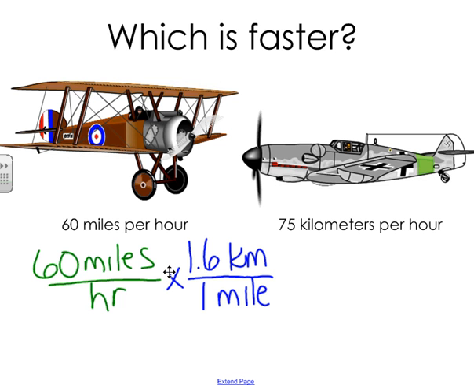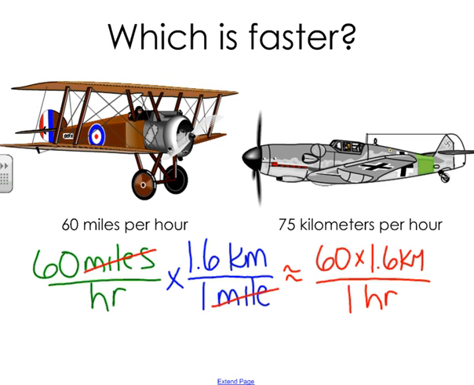Now I'm multiplying by a form of 1, and I have miles divided by miles. So those are going to simplify and cancel out. So now 60 multiplied by 1 and 6/10 of a kilometer divided by 1 hour when I just multiply everything straight across and keep the units. So now when I simplify, 60 multiplied by 1 and 6/10 is about 96. And then I still have kilometers per 1 hour.